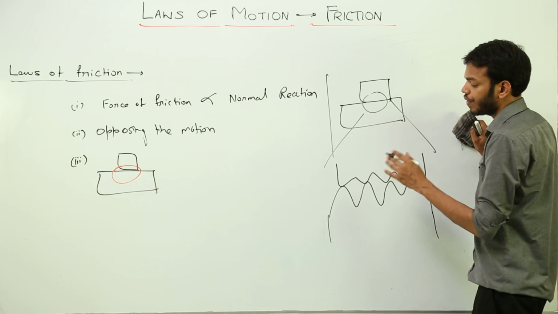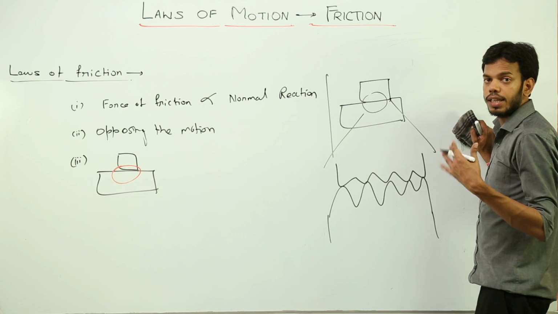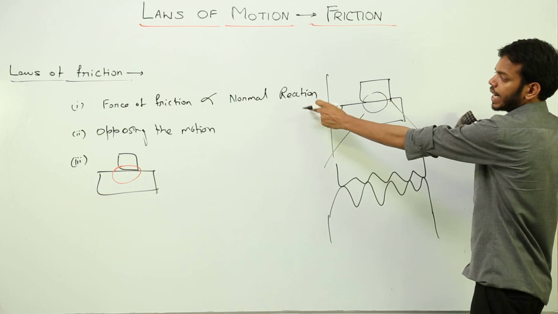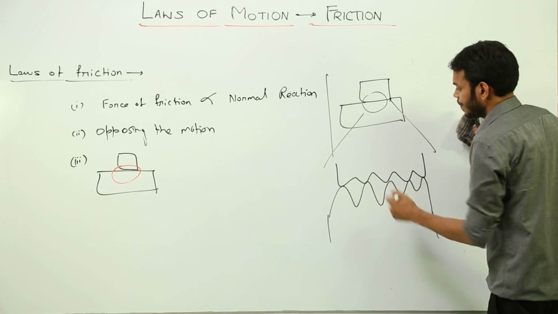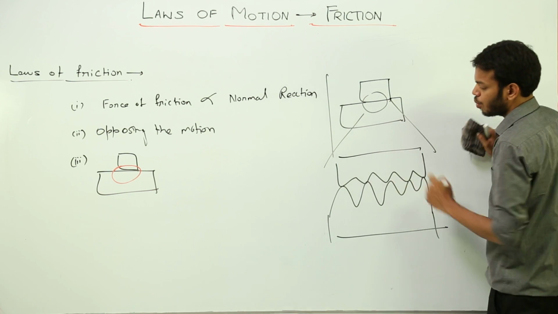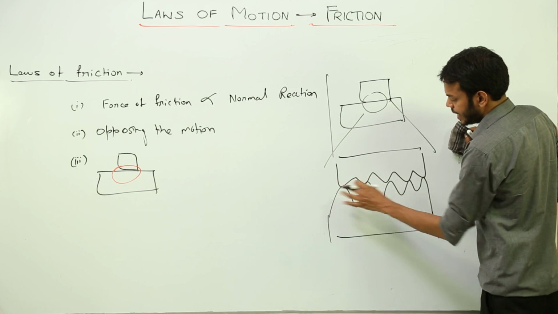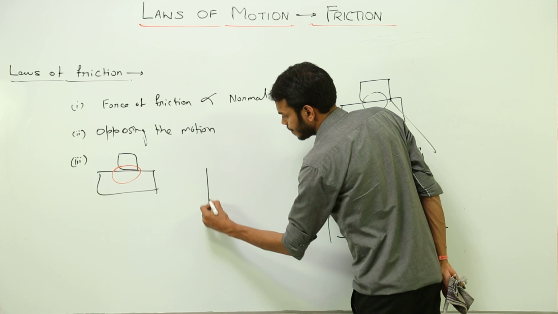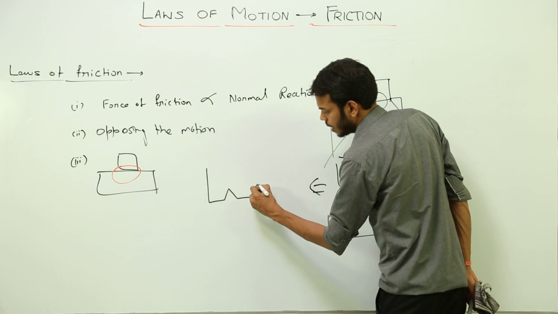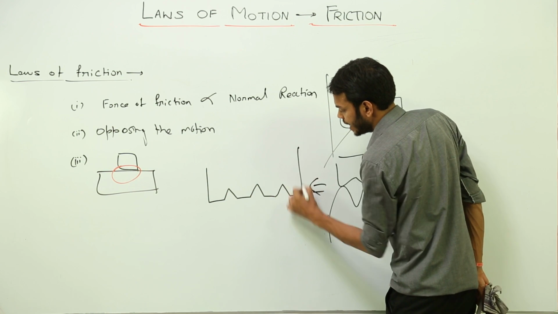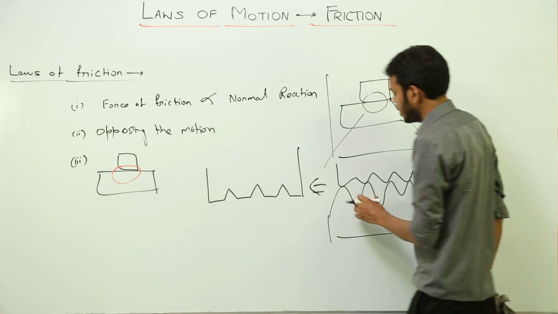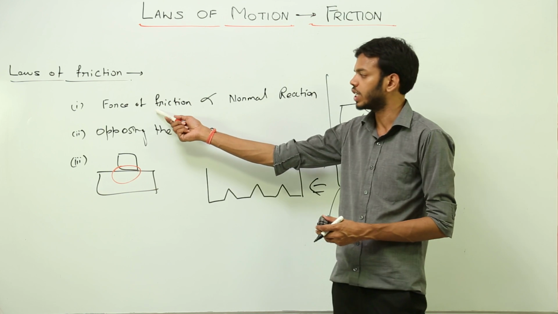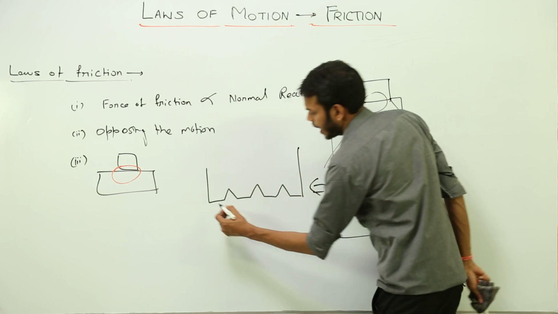As we discussed, the frictional force will increase by increasing the mass of the body, because if weight increases, the normal reaction will increase and hence force of friction will increase. So suppose I increase the weight of this body, what will happen? This will get converted into something like this, right? You have increased the weight, so these actual points of contact have increased. That is why the force of friction increases, because normal reaction increases, right?